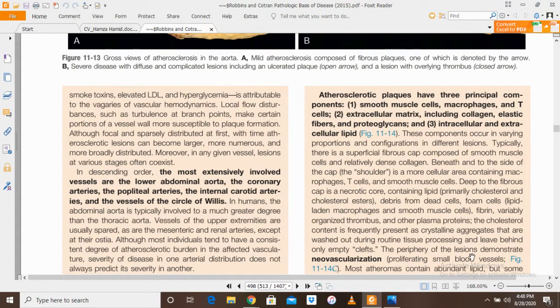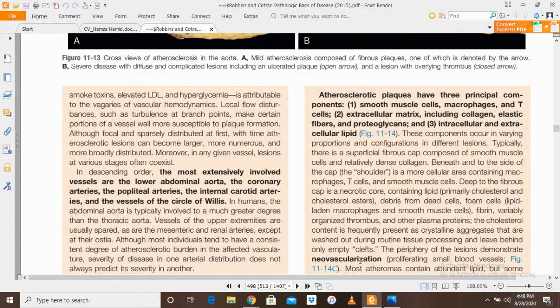The periphery of the lesions demonstrates neovascularization, proliferating small blood vessels. These new vessels are formed from the vasa vasorum present in the adventitia. Basically, intima, media, and adventitia are the three layers of the vessel wall.